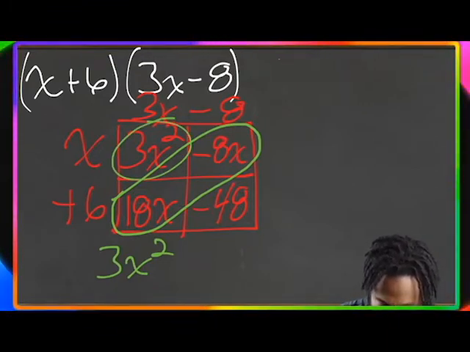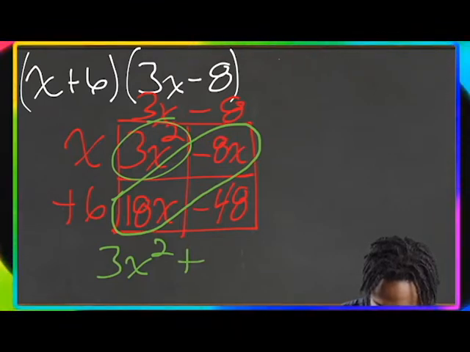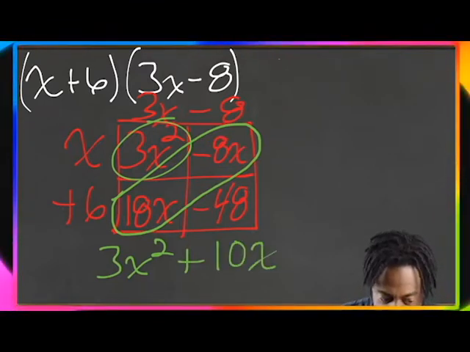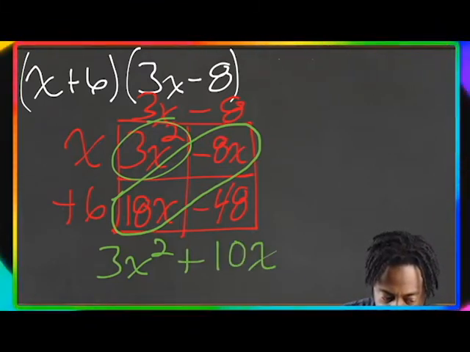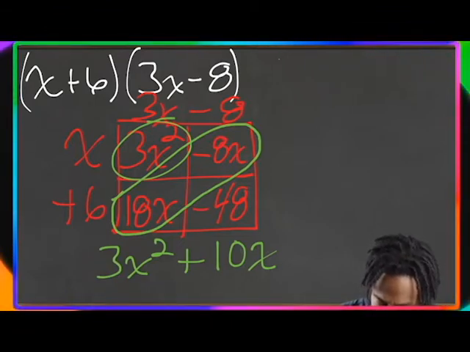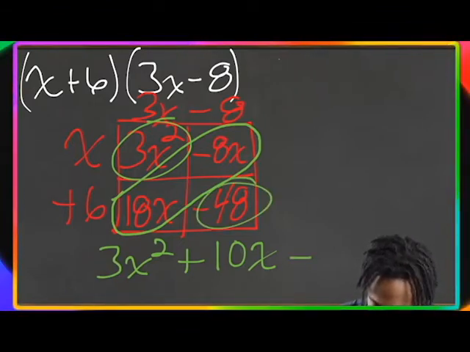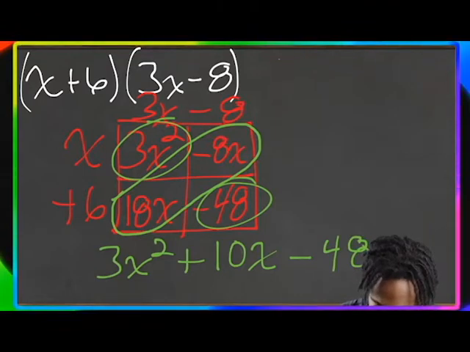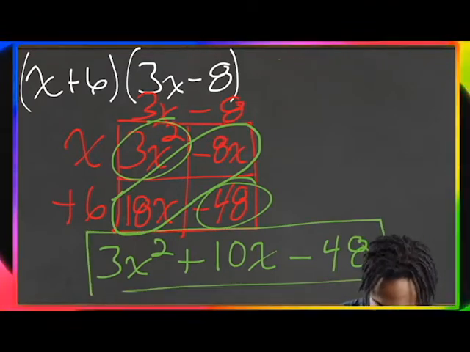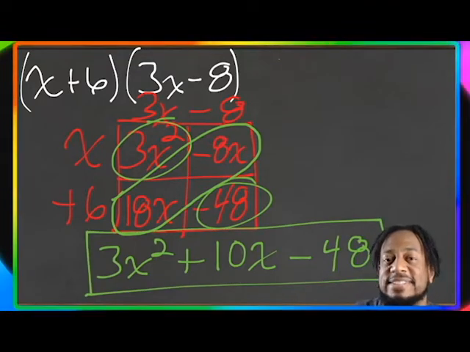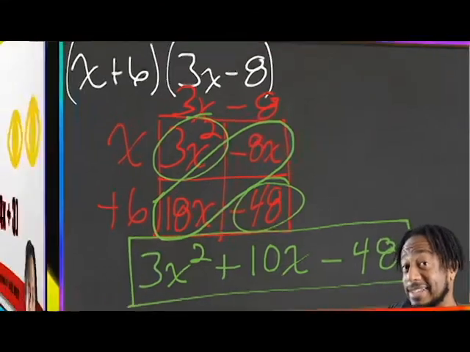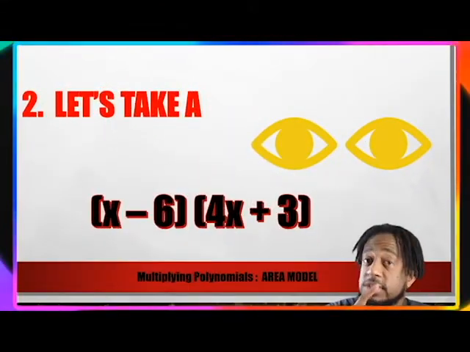Combine the like terms, giving a positive 10x. And then the last term is a negative 48. Box it up and ship it out. Did you get it? All right, that was just the first one.